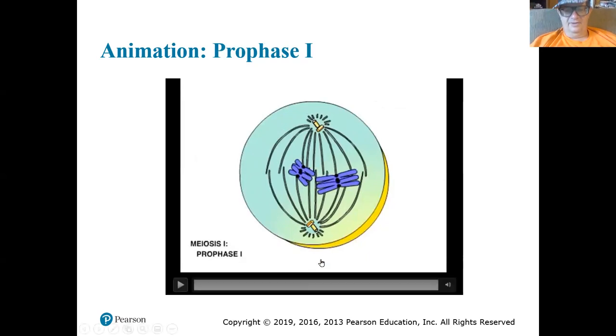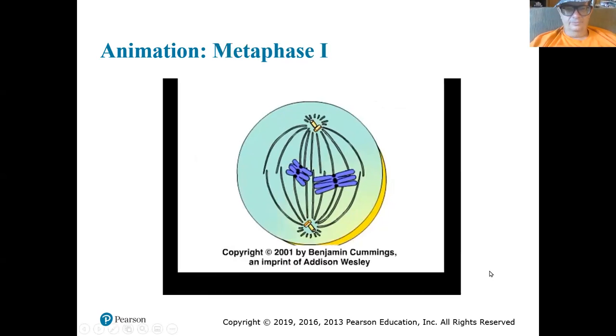Great, they're moving towards the metaphase plate. All right, let's go to the next one.